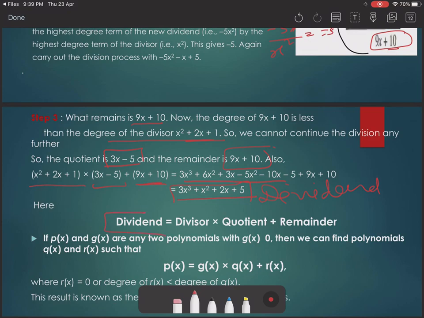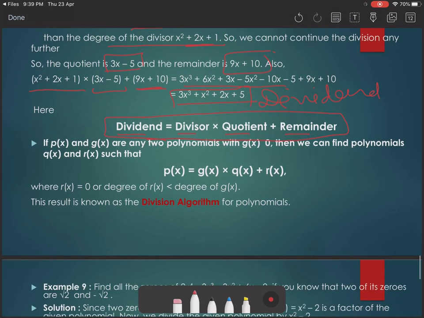This is the division algorithm. Dividend can be written as divisor into quotient plus remainder. So for polynomials, if p(x) and g(x) are two polynomials with g(x) not equal to 0, then we can find polynomials q(x) and r(x) such that p(x) can be written as g(x), that means divisor, into q(x), quotient, plus r(x), that means remainder, where r(x) is either 0 or degree of r(x) is always less than degree of g(x).